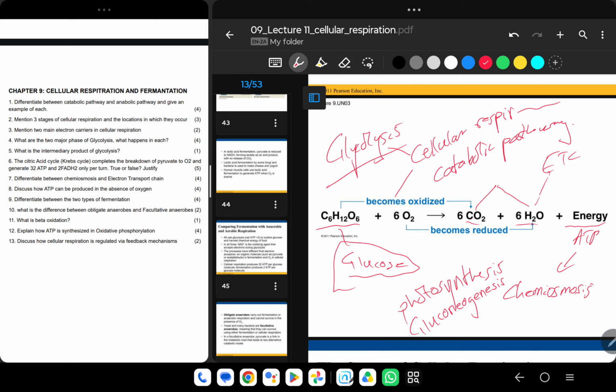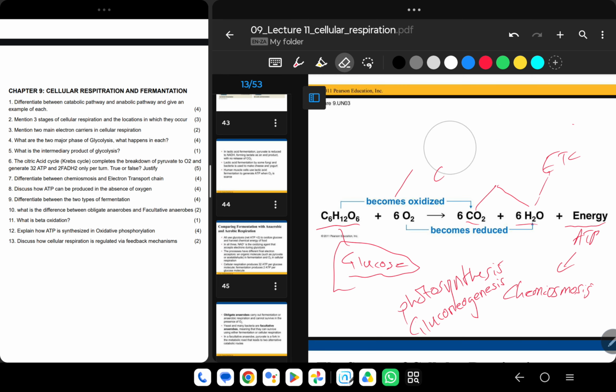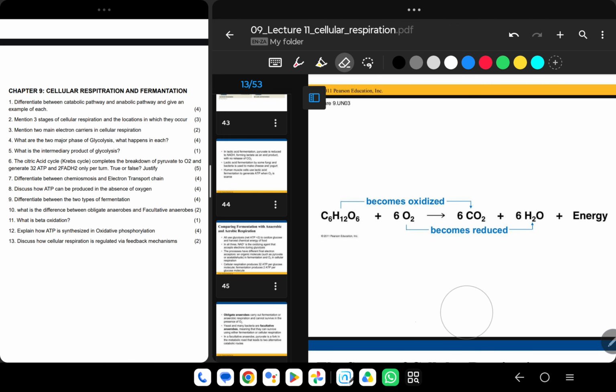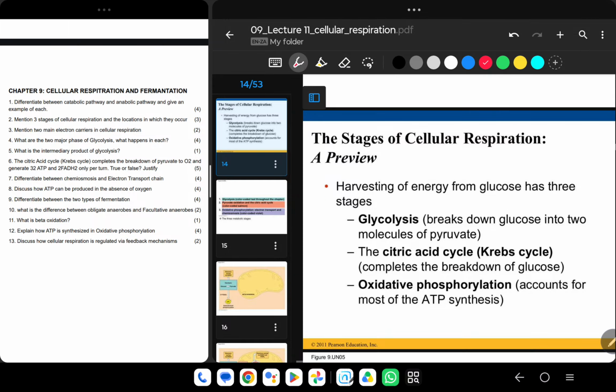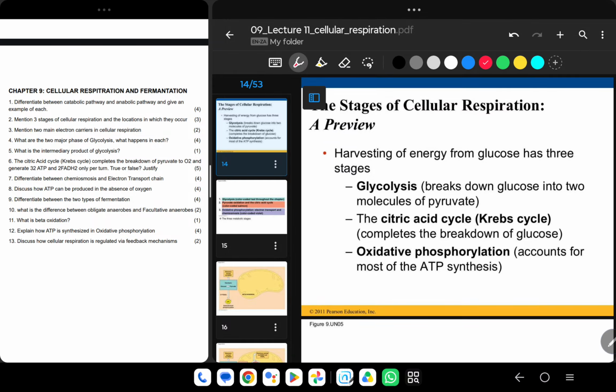Moving on to question 2, which says mention three stages of cellular respiration and the location in which they occur. Like I said, cellular respiration includes glycolysis, the citric acid cycle, and the last one being oxidative phosphorylation.